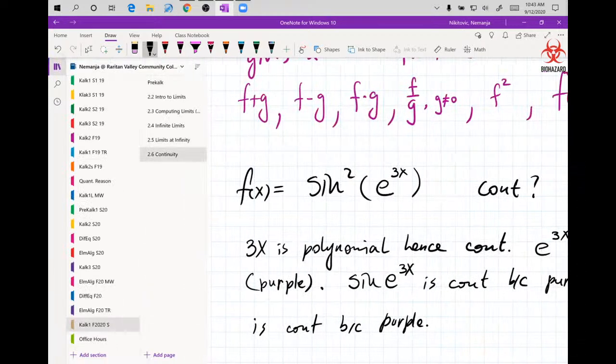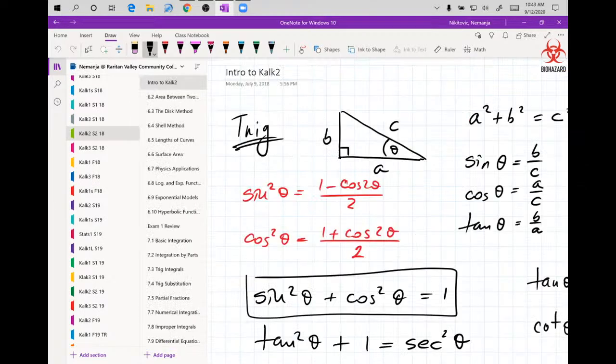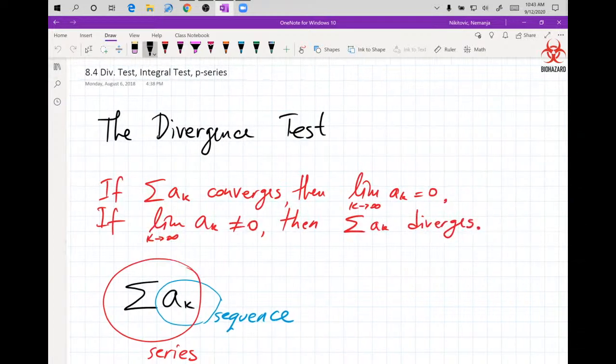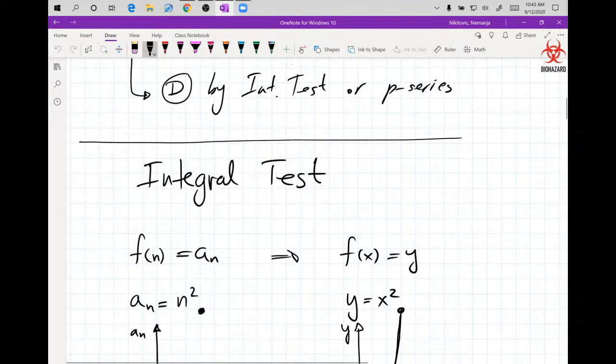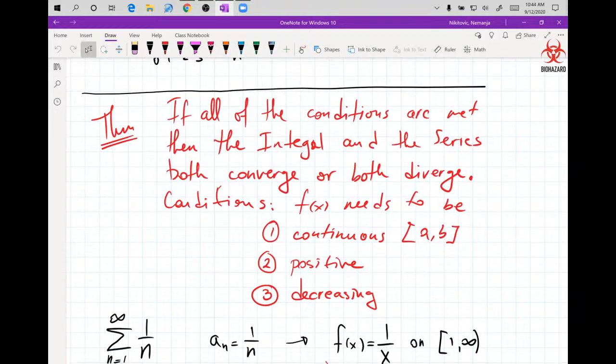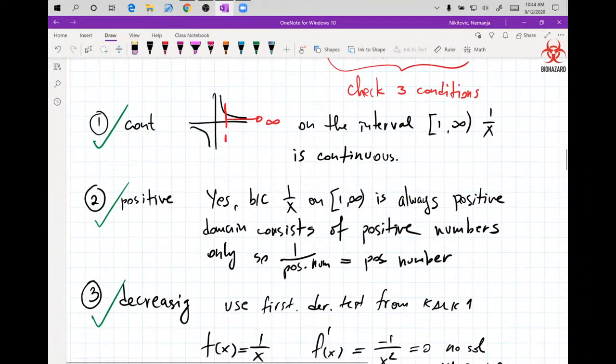I'm going to jump into Calc 2. Doesn't matter which one I pick. Let's try Calc 2 from 2018, and we're going to go into the integral test, for instance. Look at this. To do the integral test, you need to show that something is continuous on a, b. It's a condition that you have to check to do the problem. So, is it continuous?